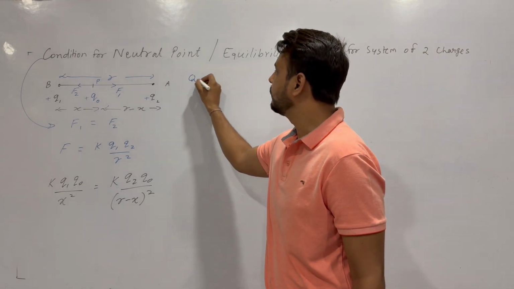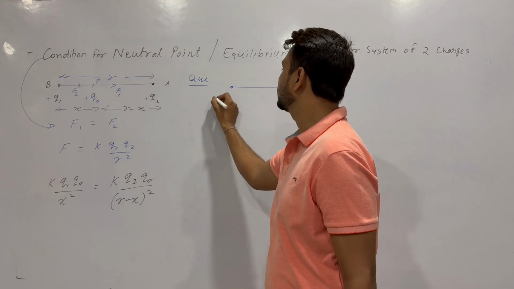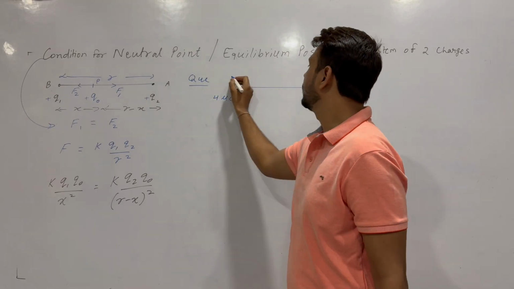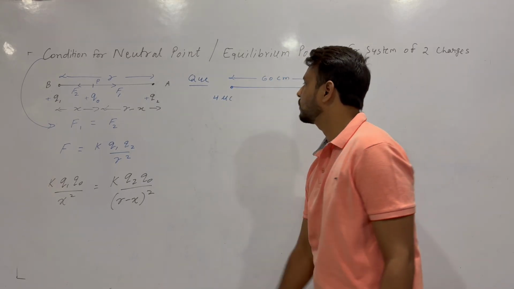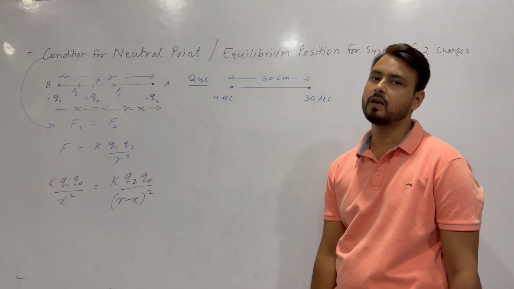Let's say for this question, two charged particles, one is 4 microcoulomb, the other is 36 microcoulomb, and both are separated by 60 centimeter. Now the question is, what will be the position of the neutral point from the smaller charge?